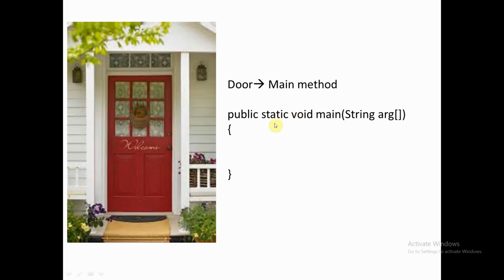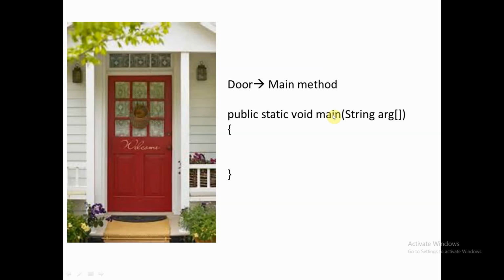And what is the next keyword? Static. You know that in Java, if you want to access something inside a class, you have to create an object for the class, and using the object only, you are able to access anything inside the class. But we know that main function is our entry point. So the door is the entry point of our house. Same way, main function is the entry point of our program.